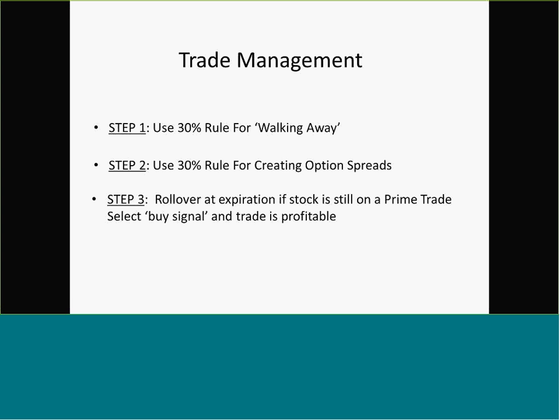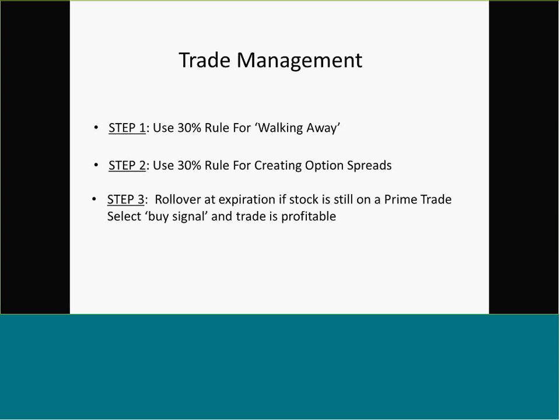In the case of the market neutral spreads, you can actually lock in a profit no matter what the underlying stock does. So you want to start looking at protecting those profits once you get more than a 30% profit in your option trade.